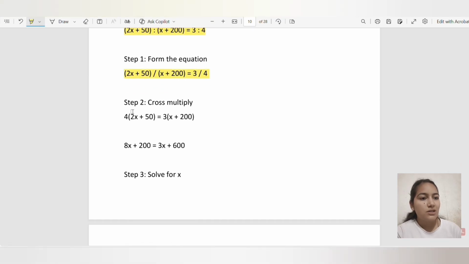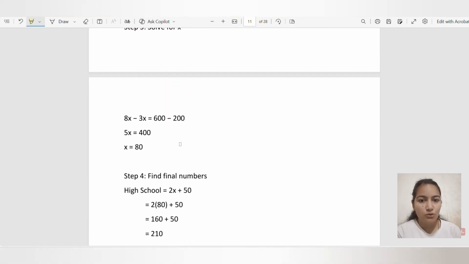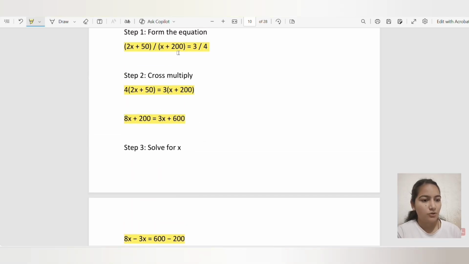If this type of equation appears, then you should use pen and paper to avoid confusion. For this type of question, don't try to solve it in your mind, because it will take a lot of time. Instead, simply use pen and paper. Then we get our value x is equal to 80.